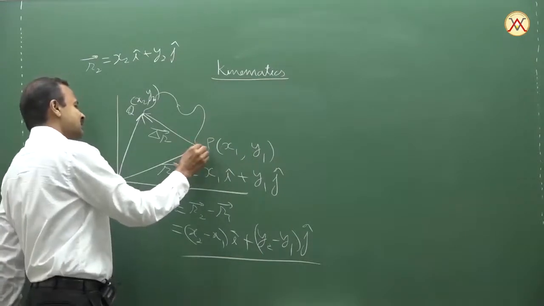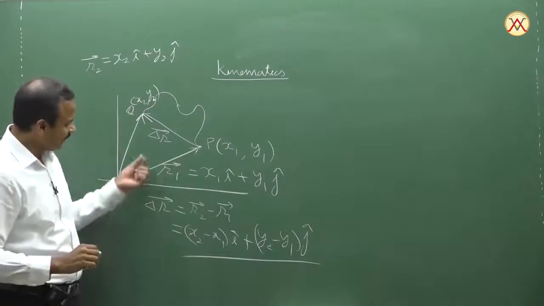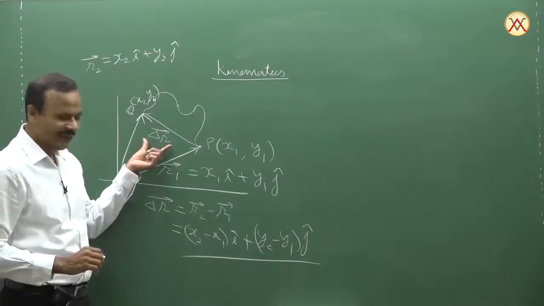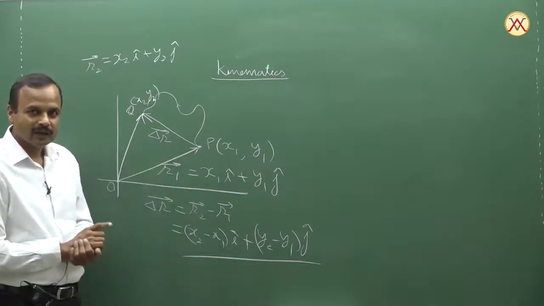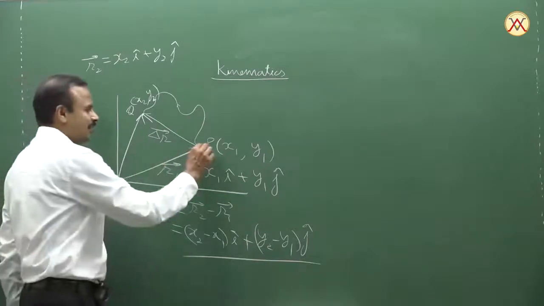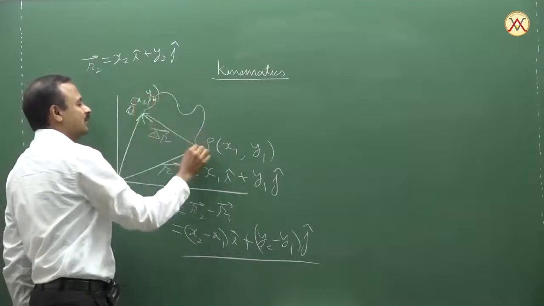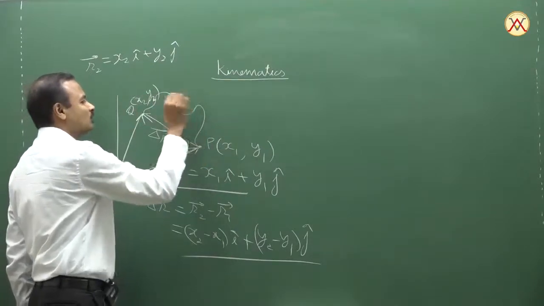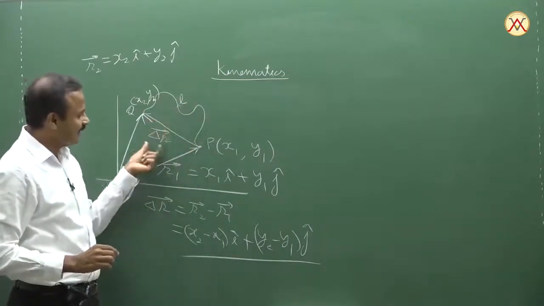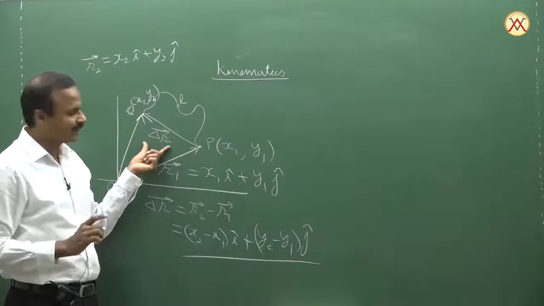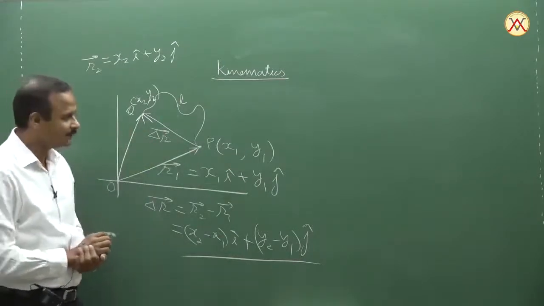Now distance, what is the distance travelled by the particle? Is the distance travelled by the particle simply the magnitude of this displacement vector delta r? No, it is more than that. Distance travelled is actually the length of this path along which the particle has moved. And you can see in this diagram that this L is clearly greater than the magnitude of the displacement vector.